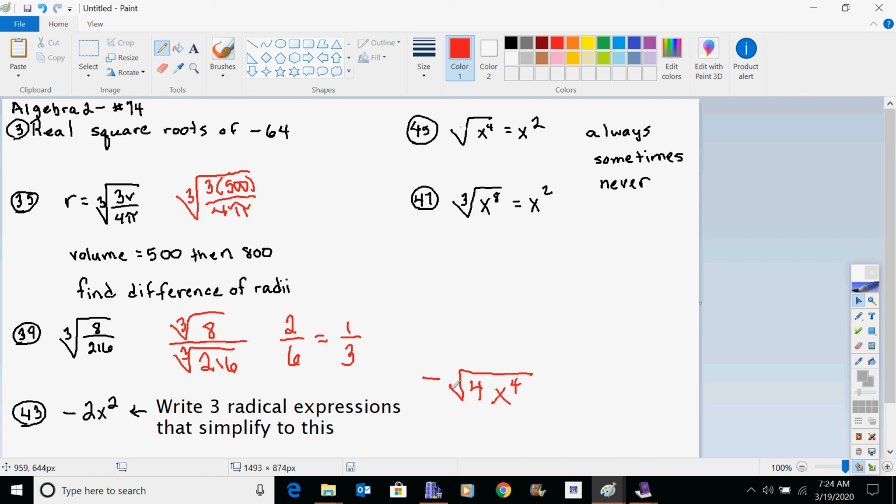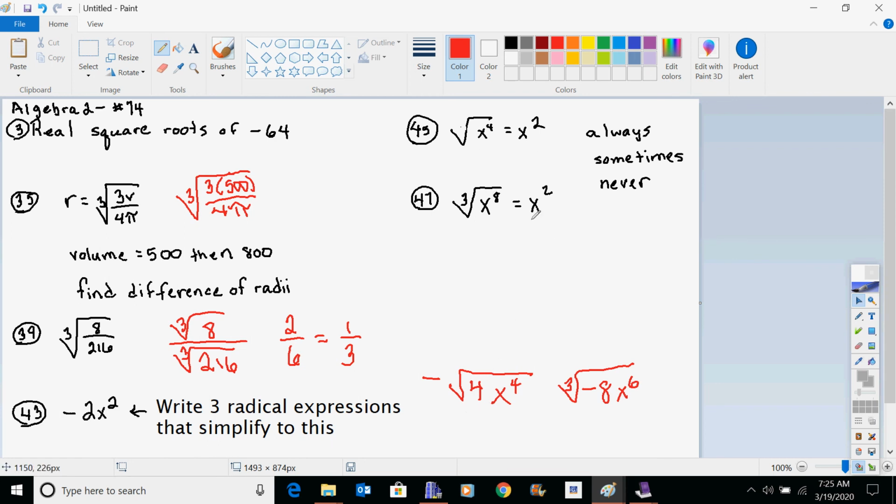You could do the same thing if you wrote the cube root of negative 8x to the 6th. So what you're doing is working backwards so that you can find expressions that will give you this as an answer. It's open-ended, so you could have lots of other correct answers for that one too.